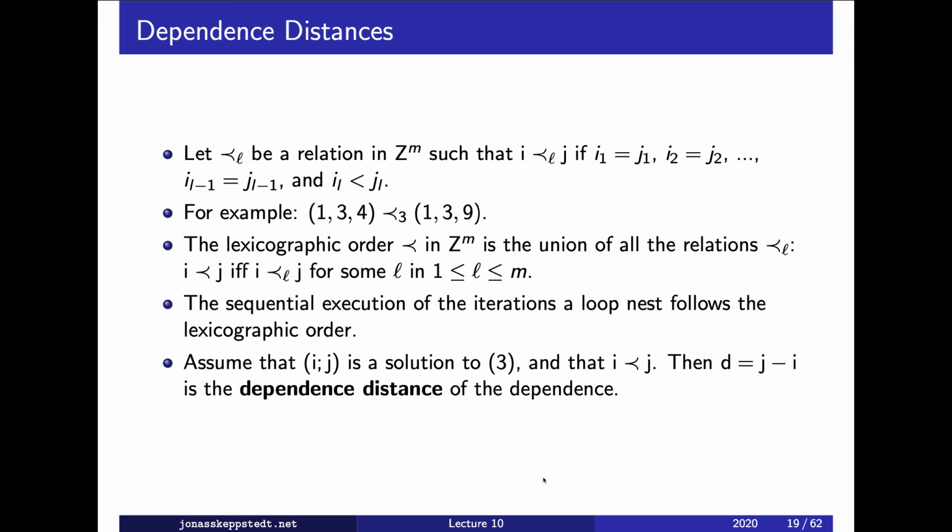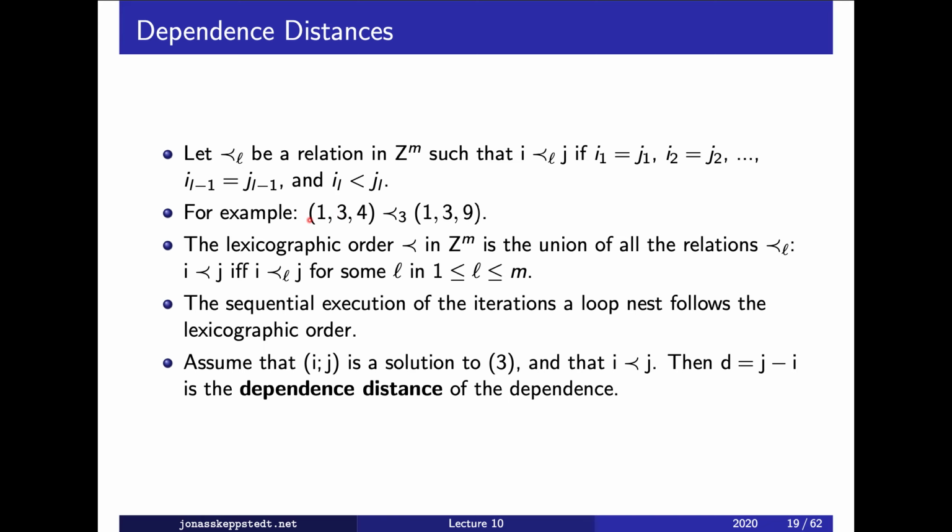And how can we do that? Well, we subtract the solution vectors. Say j and I are the solution vectors, and then we subtract them, and that's the dependence distance, the distance in number of iterations for the different loop levels. So we can compare the index vectors and say that one is less than the other at a certain level.